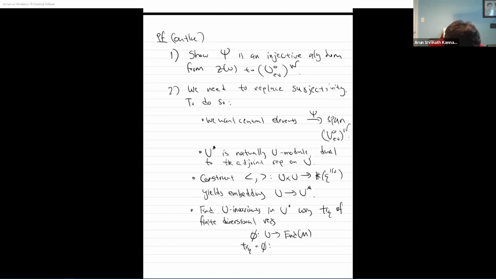Phi will be a map from U to the ground field, and we can view the field as a trivial U-module. Then we can ask ourselves what these invariants are, and it turns out that these invariants lie in the image of the embedding.